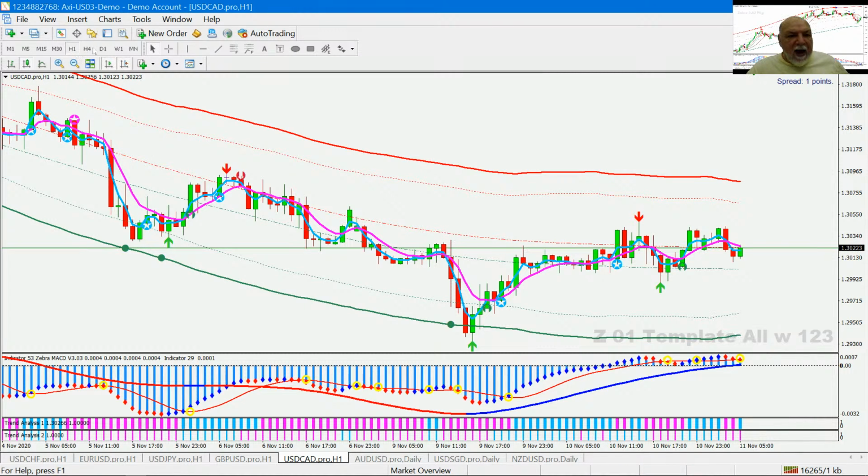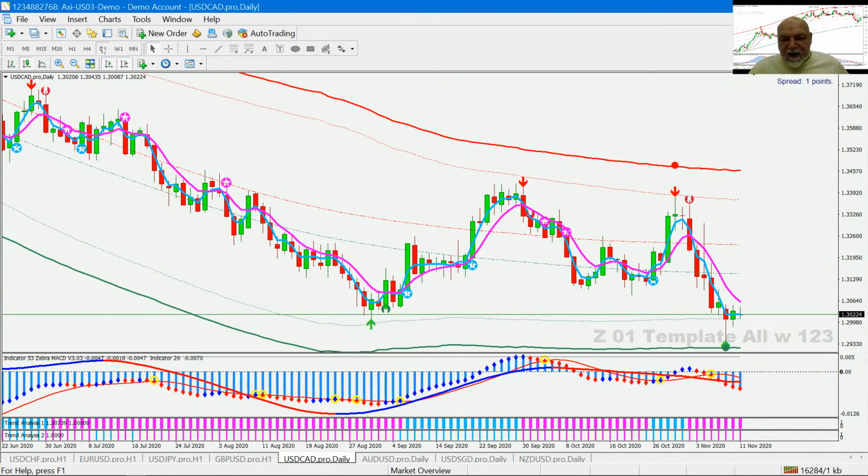So I'm going to go back to the daily chart on the US CAD, and everything that I see here indicates that price has the potential for dropping down a little bit more and then moving up.